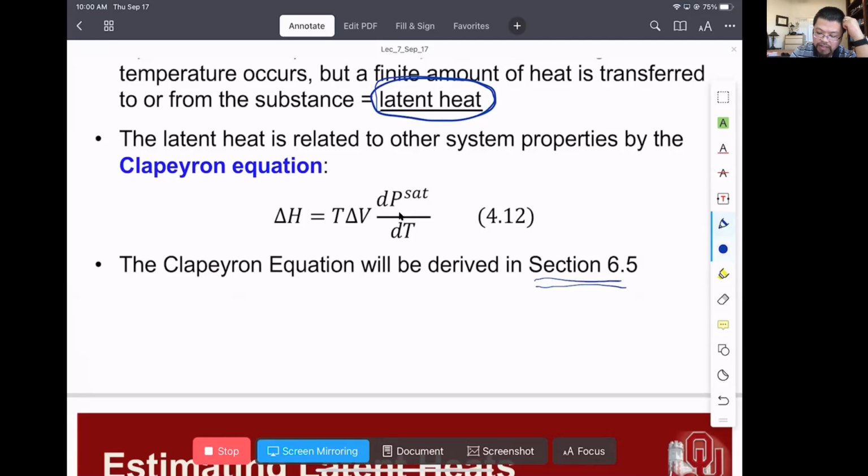So there we can use this equation to calculate: if I know the substance of interest, then we know the saturation pressure. We just need to measure the change, the dP of the saturation over dT, and then we shall figure out what would be the enthalpy needed in order to have the phase change. So here the temperature is a phase change temperature.